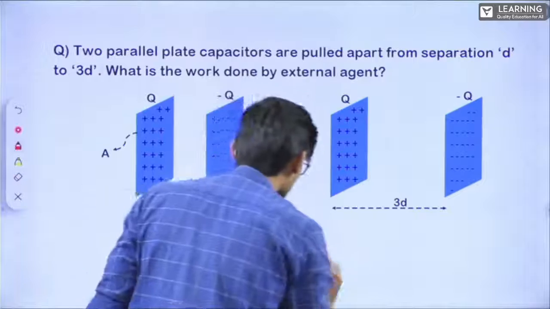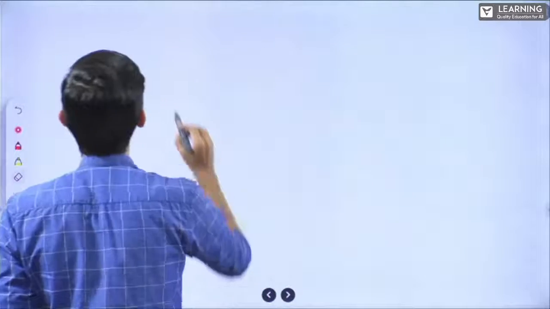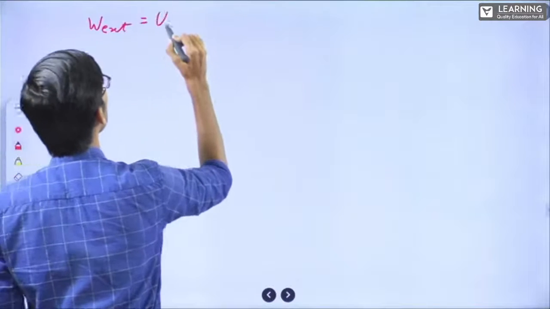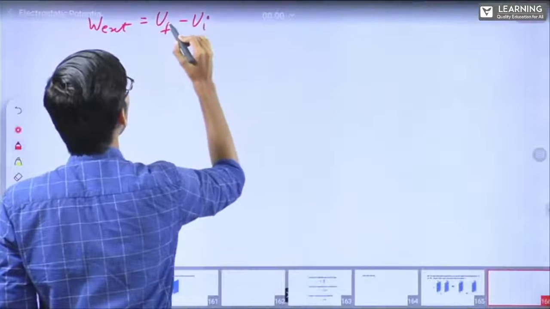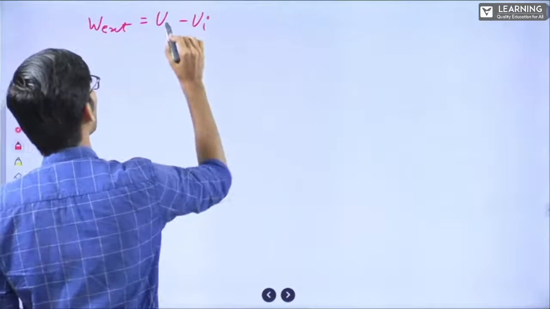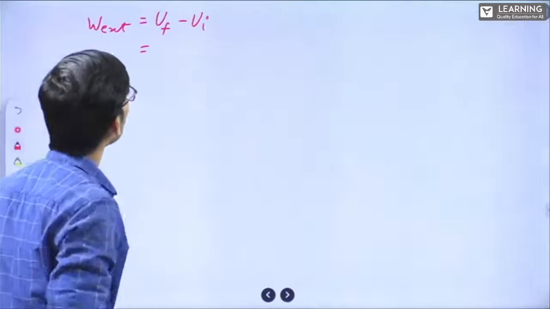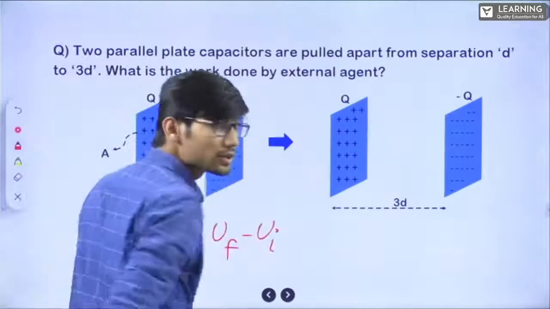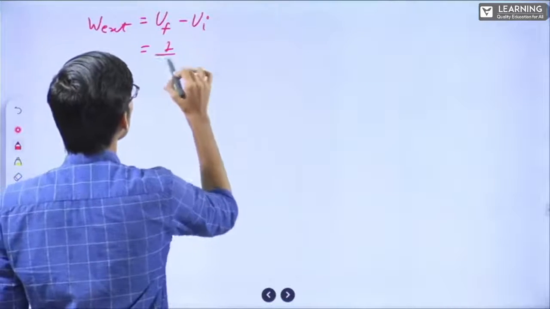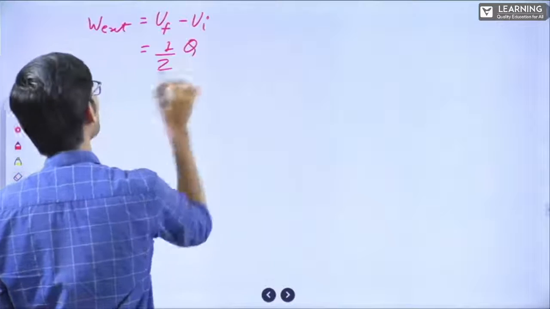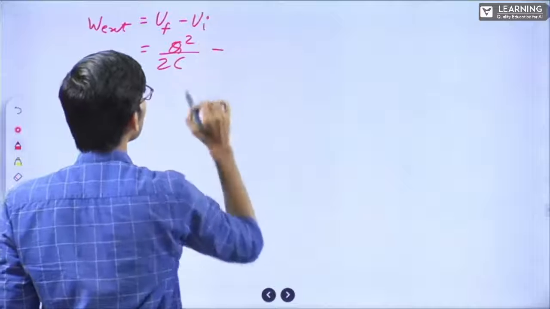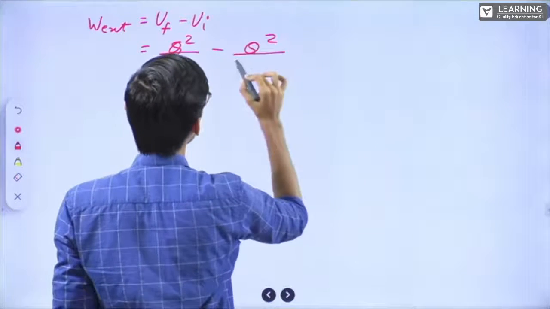Let's do this. So work done by external agent is equal to U final minus U initial. For this configuration, what will be the energy? Q square by 2C, minus, for this again Q square by 2C.